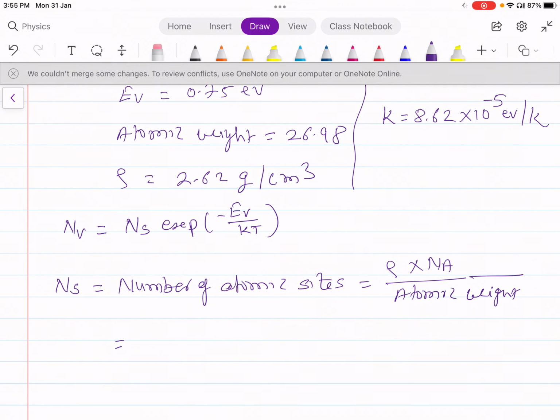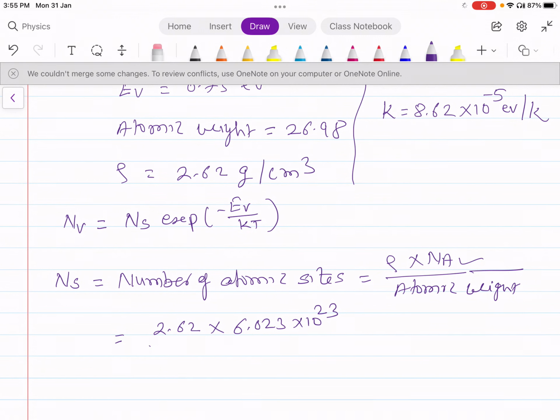Rho is known, which is 2.62 gram per centimeter cube, into Avogadro's number 6.023 into 10 to power 23 per gram mole. We are considering CGS system, divided by atomic weight, which is 26.98.